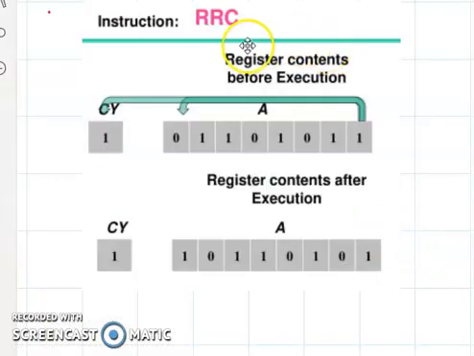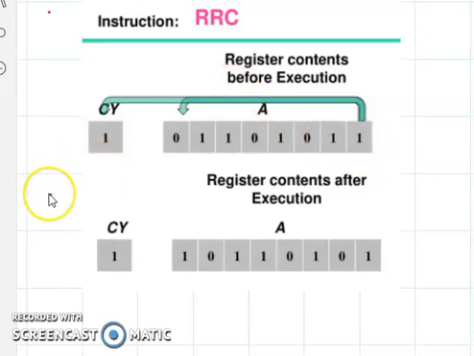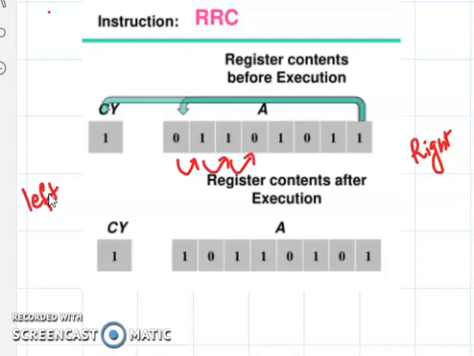Now let us see one example here. In this case, we are rotating towards right. This is our left side, this is our right side. Now here, we will move each bit into the next position. This one will move towards this, and this one will move towards this, and these are all moving towards the right.